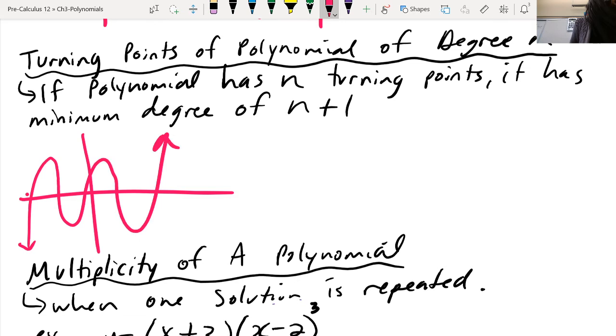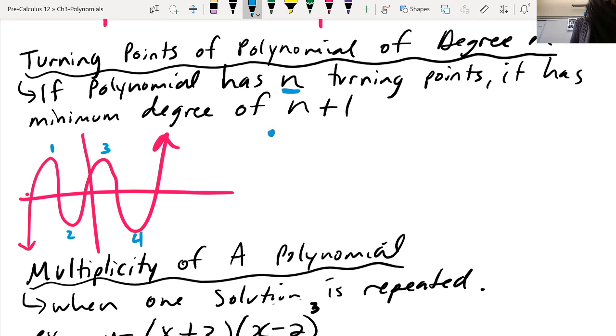If a polynomial has n turning points, I'm going to underline it in blue and we're going to look for what those are. Where it changes direction is a turning point. So see how here it's going up and then it starts going down? That's my first turning point. That's my second one, my third, and my fourth.